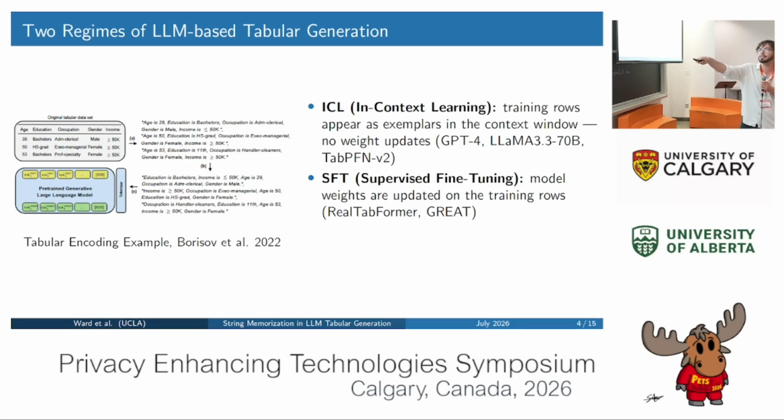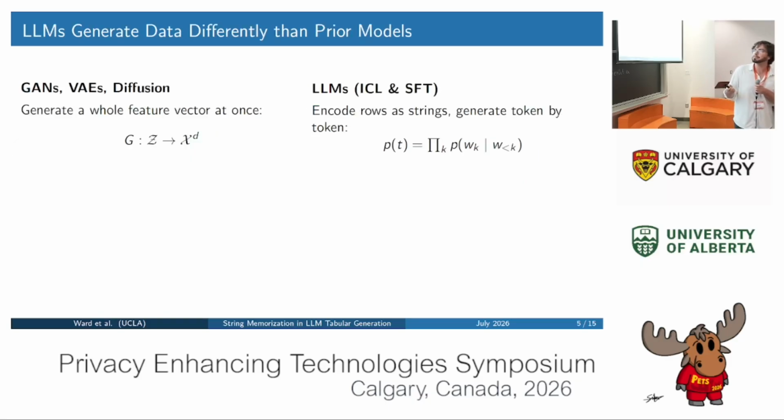You encode it into text, and then you throw that into your language model, either in the context window and then sample out of that in the in-context learning case, or for supervised fine-tuning, you SFT your model on that. And usually that's a smaller LLM.